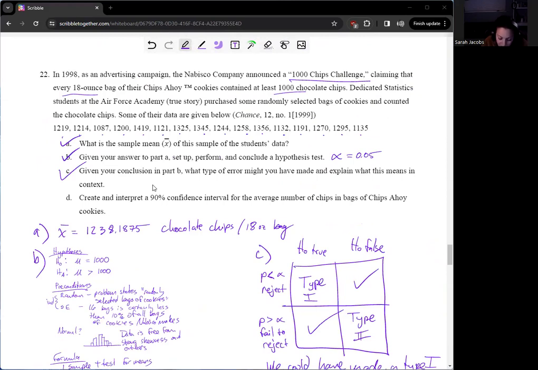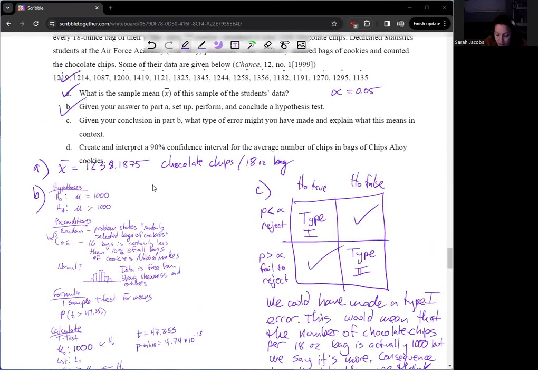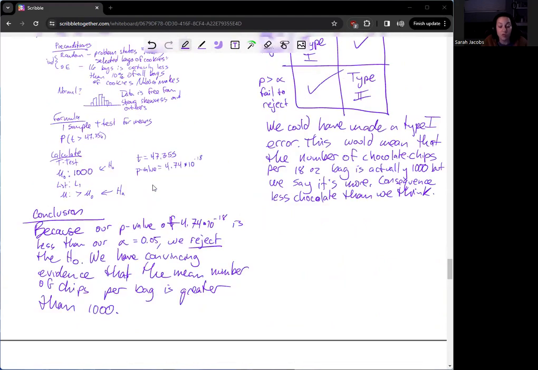Create and interpret a 90% confidence interval for the average number of chips in bags of Chips Ahoy cookies. Okay, so this is for one sample. So this is going to be a t interval, just a t interval for the number.